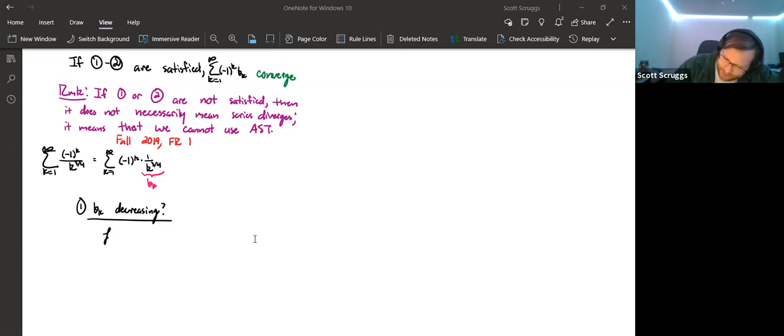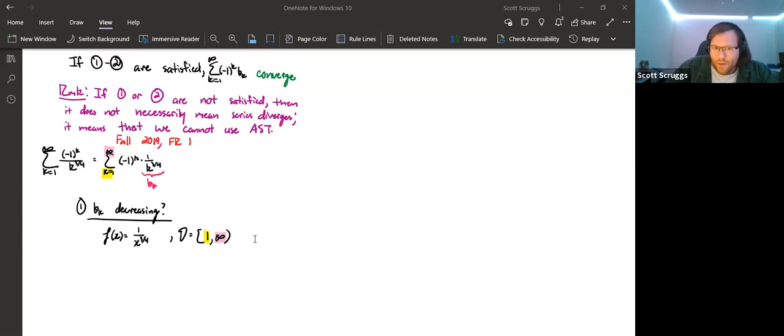I'm going to define a function that is married to b_k, because all I did was replace k with x. Because I have a function, I also have to specify its domain. Its domain is 1 to infinity. Why 1? Because the series begins at 1. Why infinity? Because the series goes to infinity.